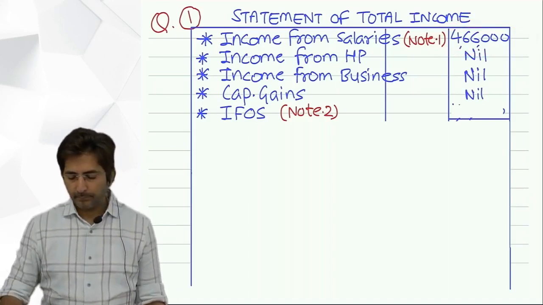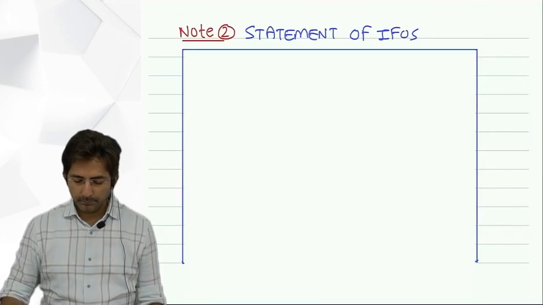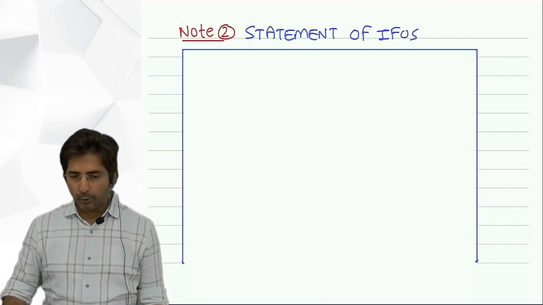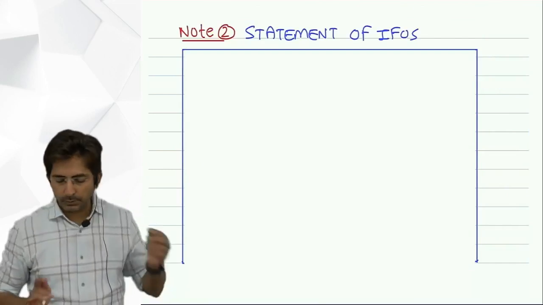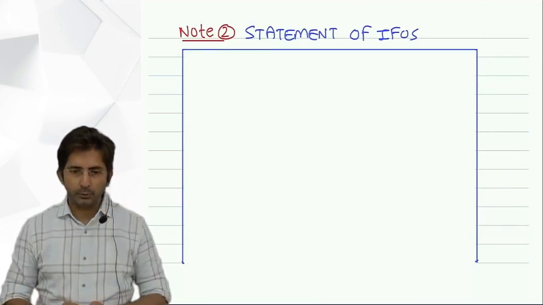Then next note is for income from other sources. Note number 2, statement of income from other sources.